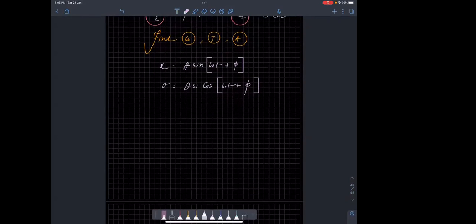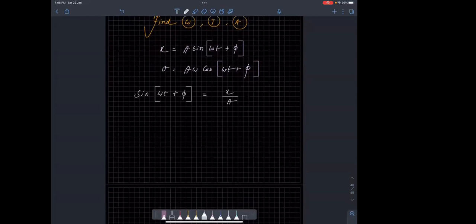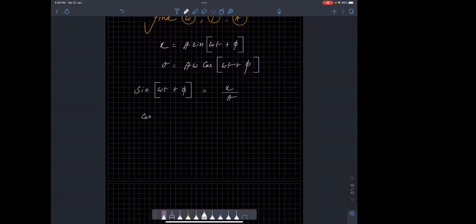So because I can eliminate this sin and cos, I'll write sin of (omega t plus phi) equals X by A, from the first equation, and cos of (omega t plus phi) is V by A omega.